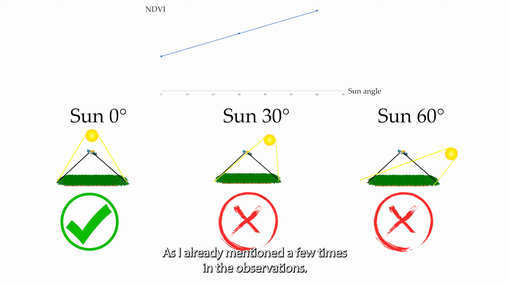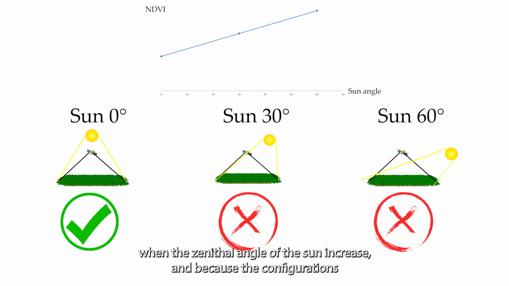As I already mentioned a few times in the observations, there is a global tendency of the NDVI value to increase when the zenithal angle of the sun increases.